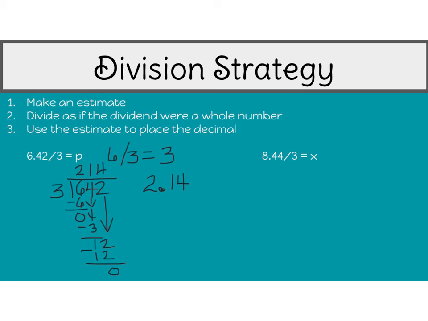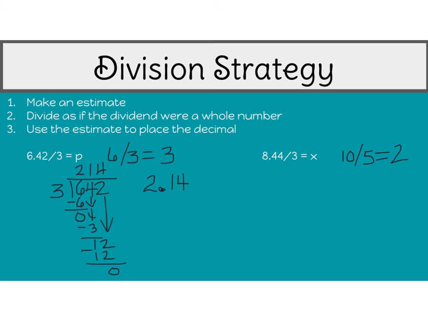We could do 6 divided by 3. That's making that a little bit smaller. Could we do 10 divided by 5? Let's do that route. Okay, that gives me an estimate of 2.